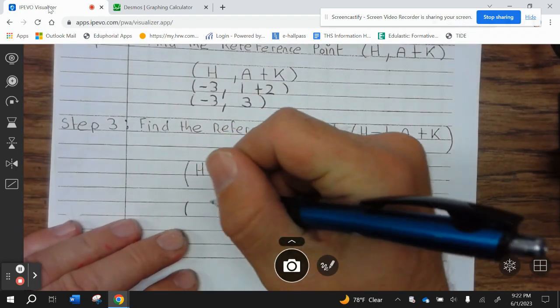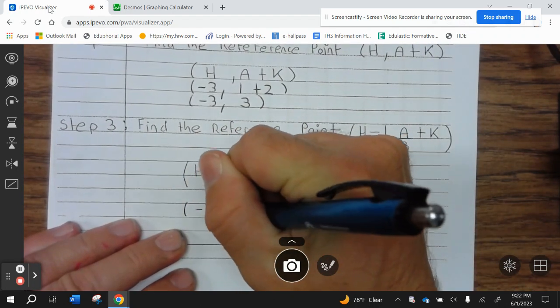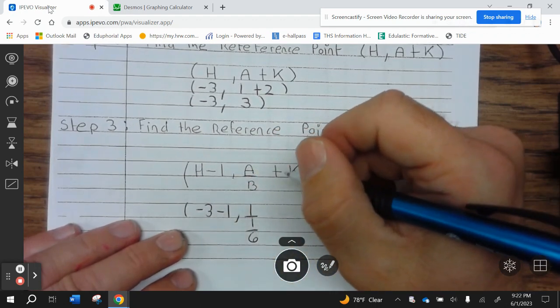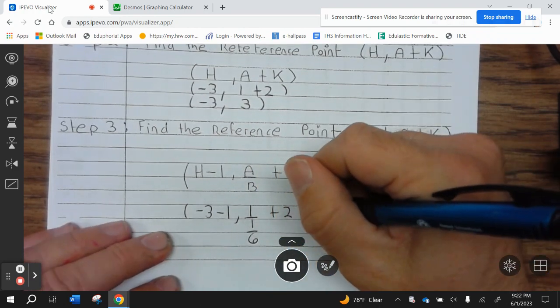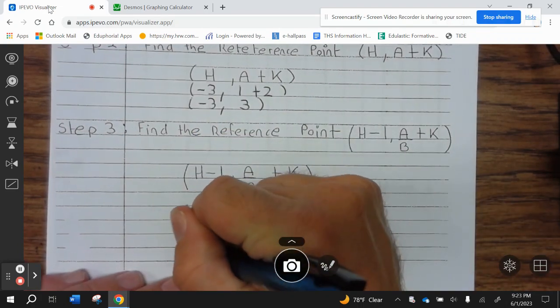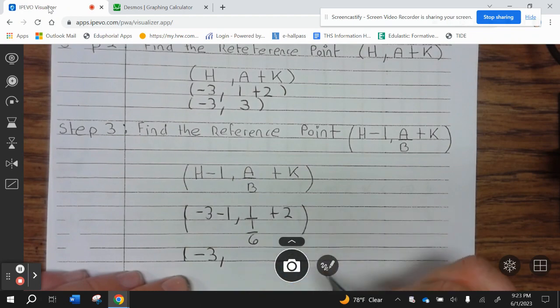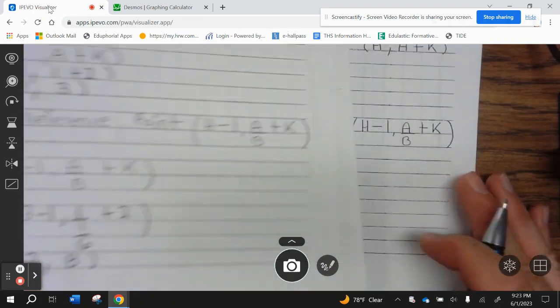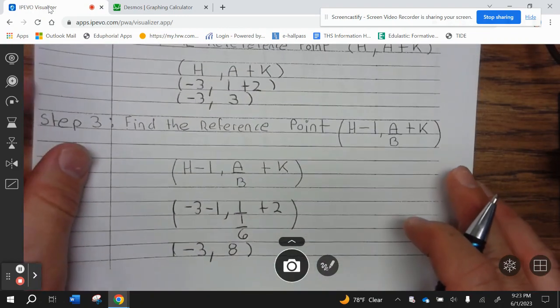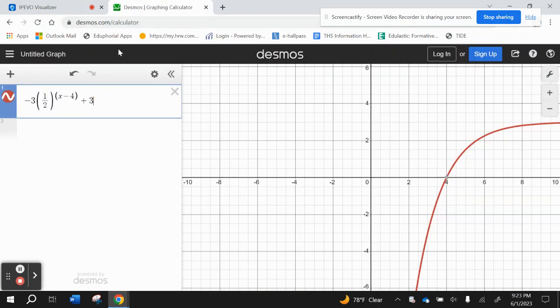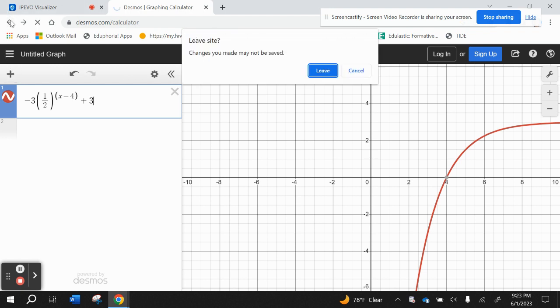Now here, h is -3 minus 1, comma, a is 1 divided by 1 divided by 6 plus 2. Okay, so you can check these if you want, use Desmos, but this plus 2 is 8, so -3, 8. Okay, so let's go ahead and graph that point. And actually, you know what? I want to double check my number real quick.